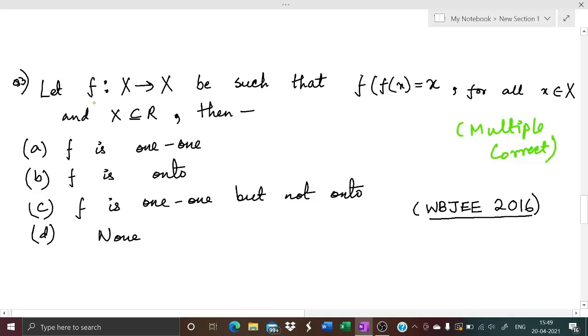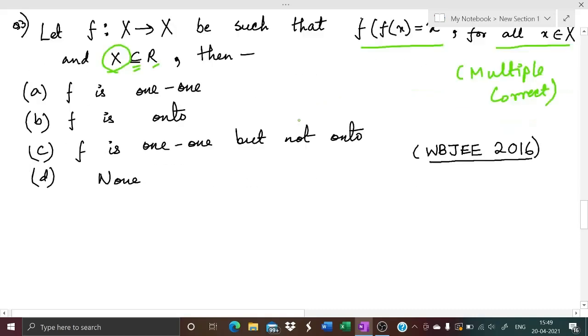Now function f is defined on the set X such that f of x equals to x for all small x belonging to the capital set X, and the set X is a subset of real numbers. So I can say that this function is a real valued function.